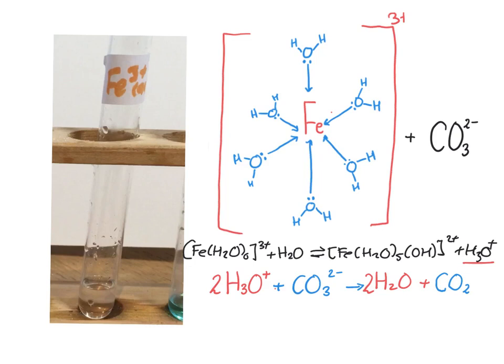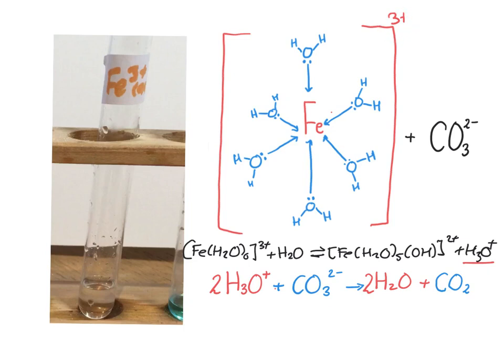Now we know from GCSE chemistry when an acid reacts with a carbonate we get carbon dioxide and water. So for every 2 moles of the oxonium ions we've got 1 mole of carbonate. But what was the nature of that precipitate? Well, if this species here loses 3 hydrogen ions, then the overall complex will have no charge.